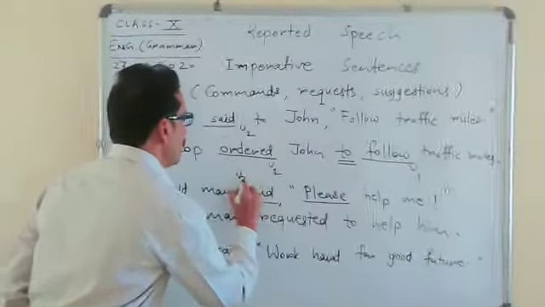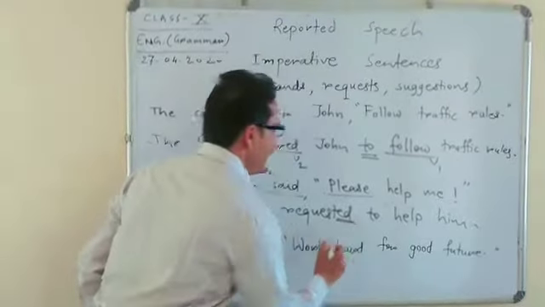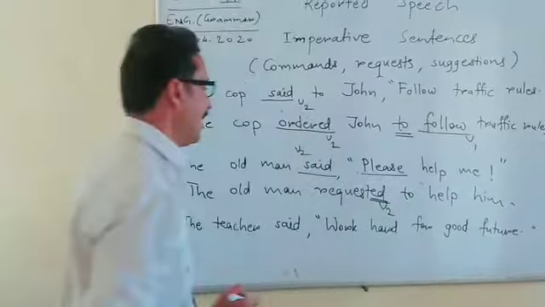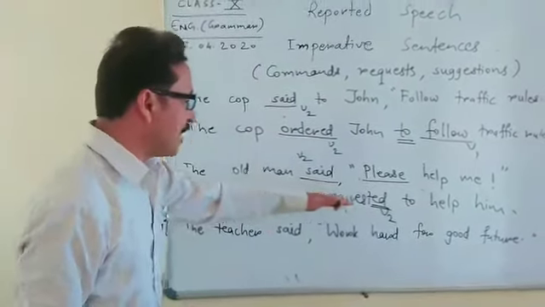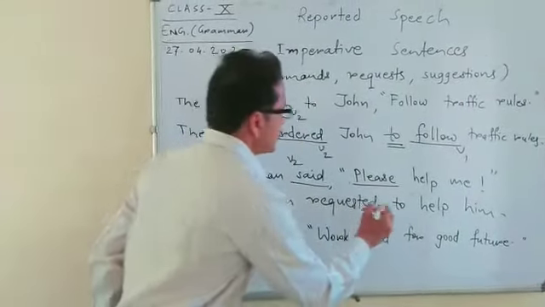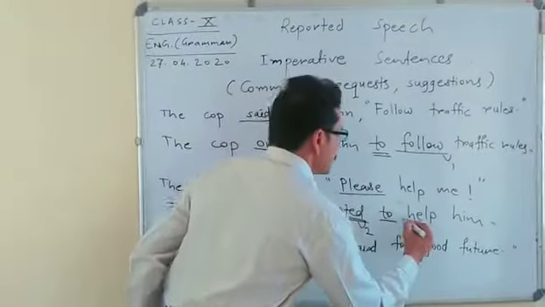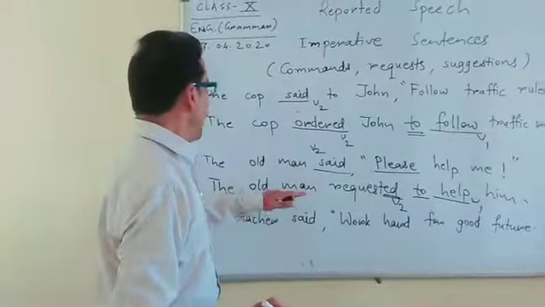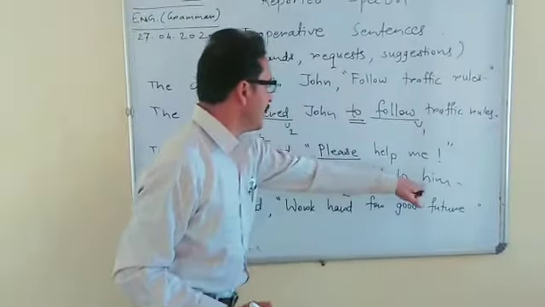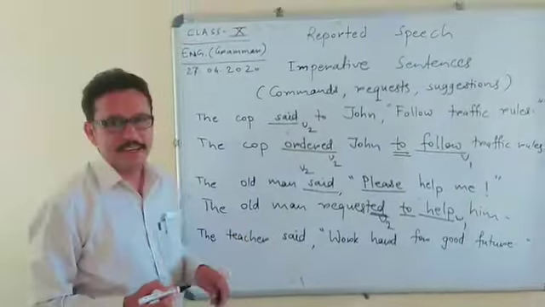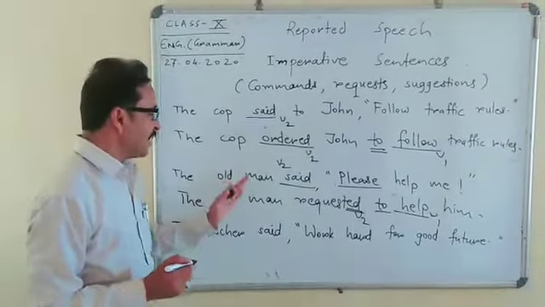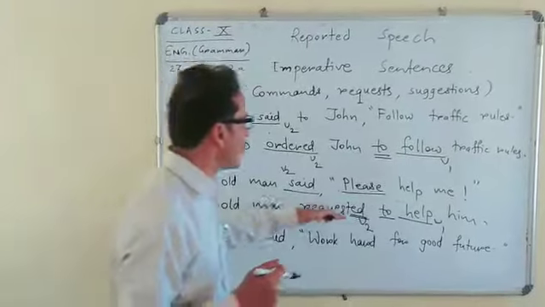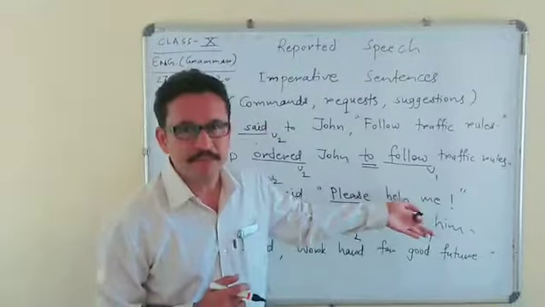Said is V2, so we added the suffix ed and wrote request in V2. And as per our rule, after the reporting part of an imperative sentence, we start with to. Since it is to, this is V1, and me has been changed to him. Him refers to the old man. So I hope it is very clear that please help me is a request. That is why the old man requested to help him.